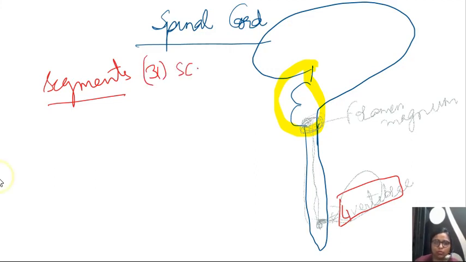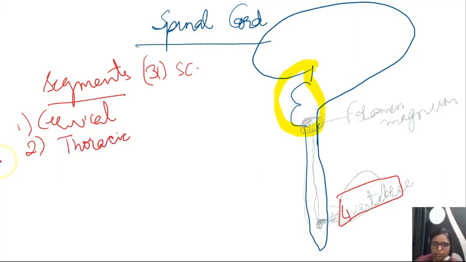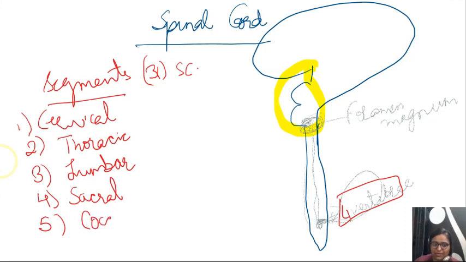Let's see how. First is your cervical segment, second is your thoracic, very good, third is your lumbar, fourth one is sacral, and fifth one is your coccygeal.